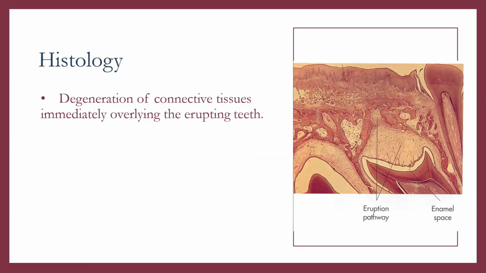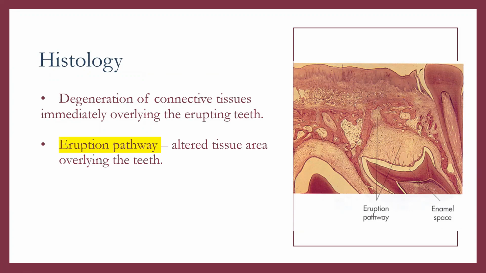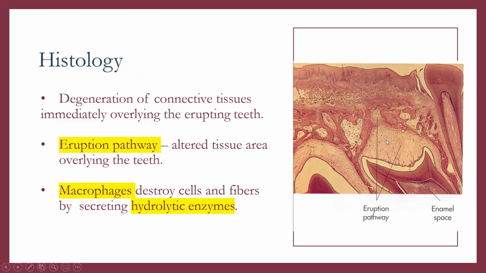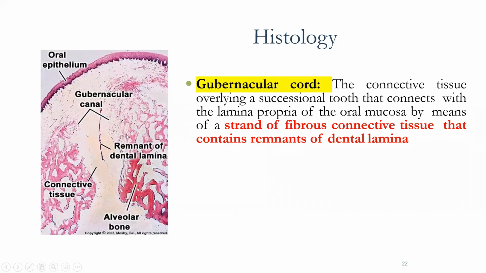So histologically also there are several changes which are happening around the erupting tooth, that is in the connective tissue as well as in the bone. All these undergo degeneration to create an eruption pathway for this tooth, and this is facilitated by the macrophages, like I said, by releasing the hydrolytic enzymes.